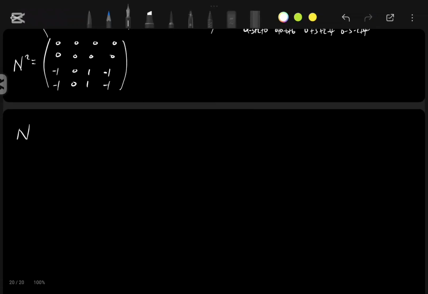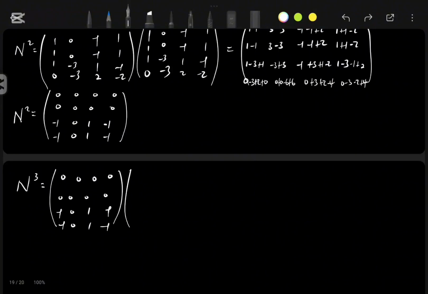So we find N cubed, multiplying N squared, 0, 0, 0, 0, 0, 0, 0, 0, minus 1, 0, 1, minus 1, minus 1, 0, 1, minus 1, by N, which is 1, 1, 1, 0, 0, 0, minus 3, minus 3, minus 1, minus 1, 1, 2, 1, 1, minus 1, minus 2.